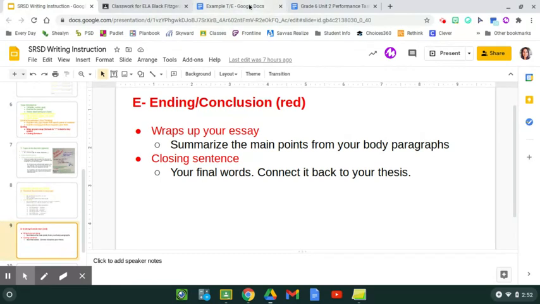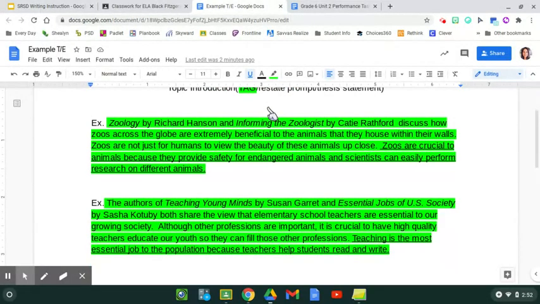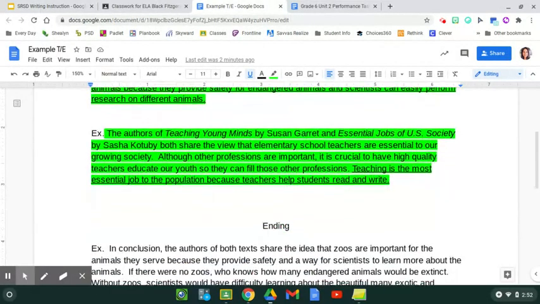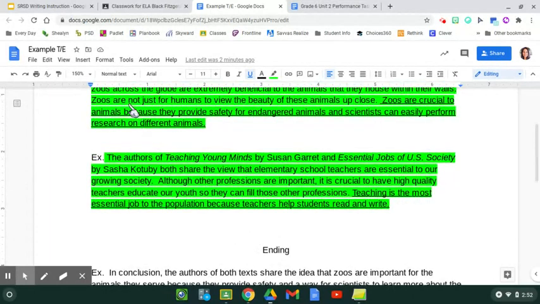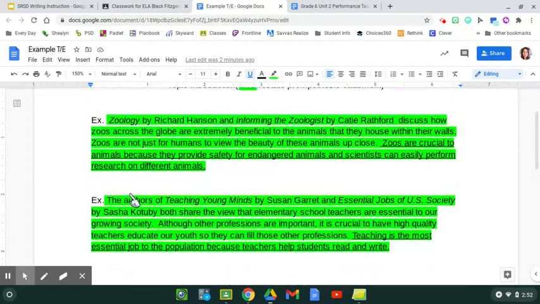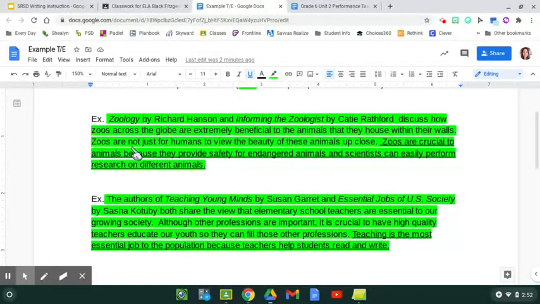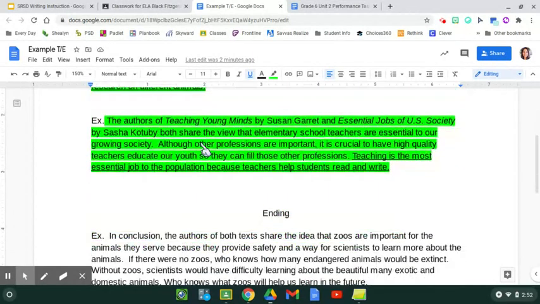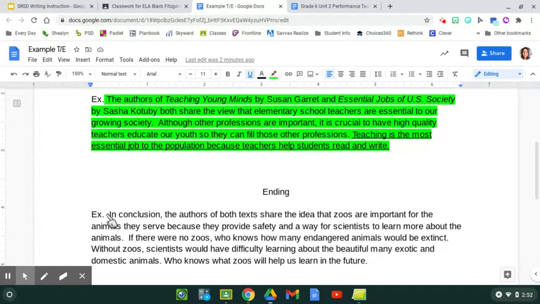So let's look at a couple examples. Now, these endings that I'm going to show you relate to these two examples, as if for zoology, this would be the ending to that essay. So the first one for zoology says, in conclusion, I already have a transition.